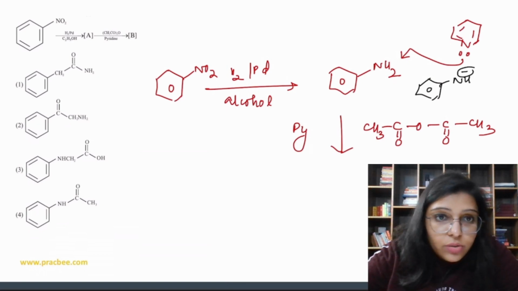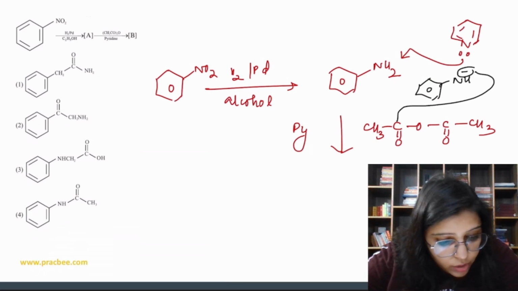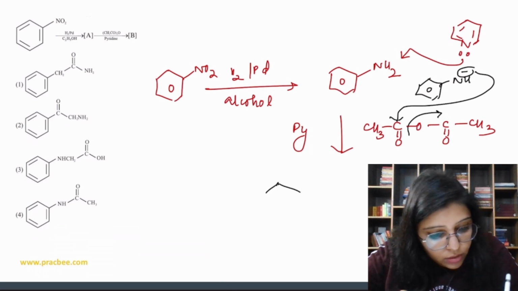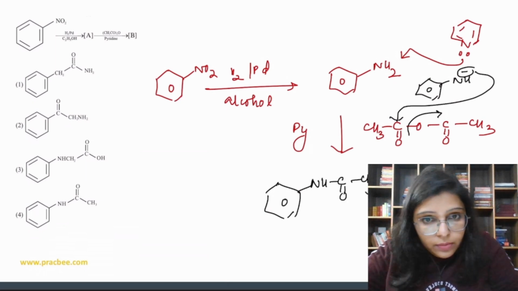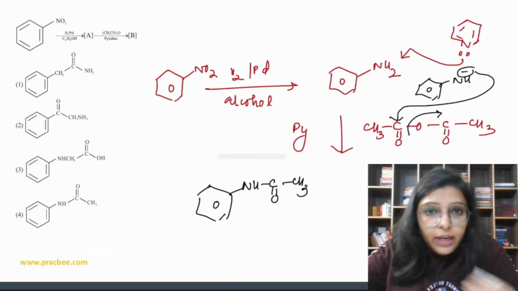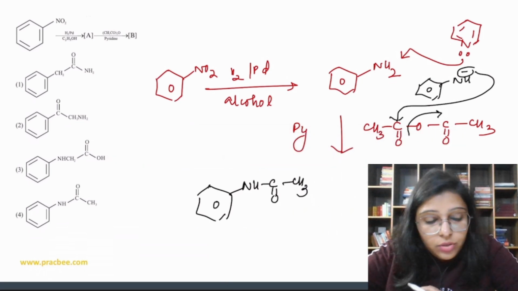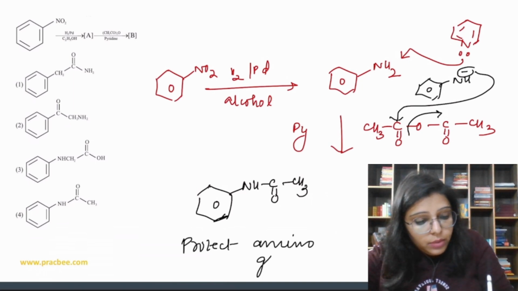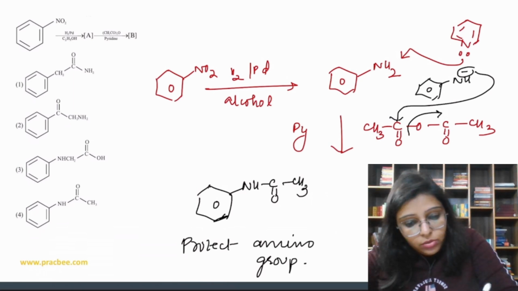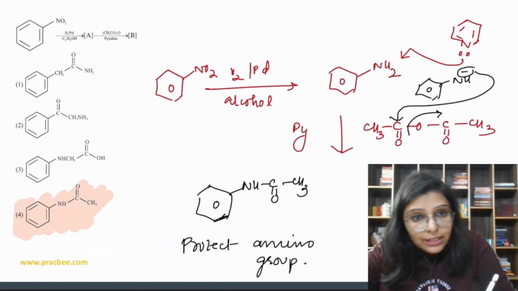Now this is going to be a nucleophile. So we perform a nucleophilic addition reaction at this part. So we get NH-C double bond O-CH3. This reaction is also used to protect the amino group. Okay, so option 4 is the correct answer.